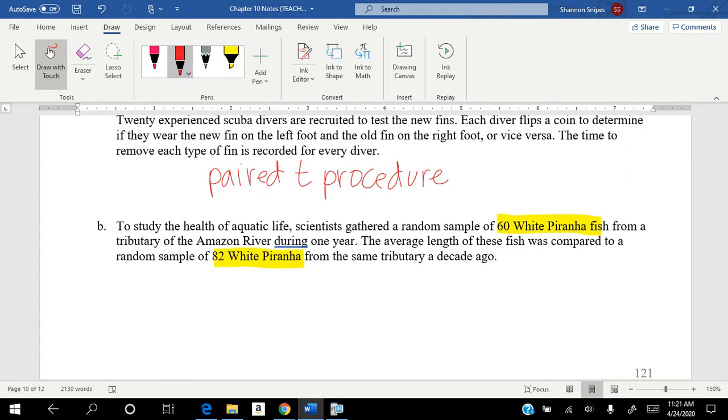You have the white piranha from 1 year, and then the white piranha from a decade ago. So these are 2 distinct, completely different samples. So you would use a 2-sample t-test for means, because we're doing the average length, so that would mean we're doing means.